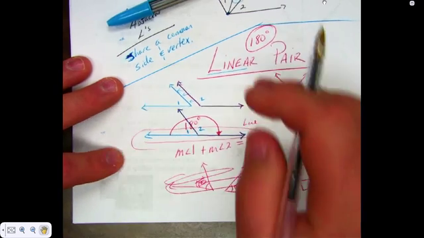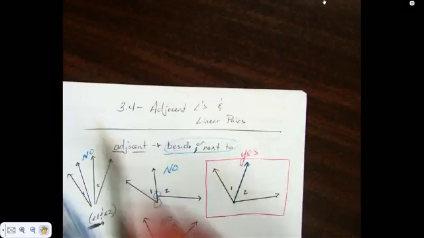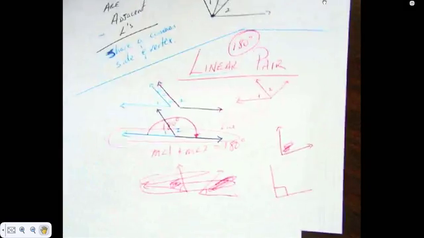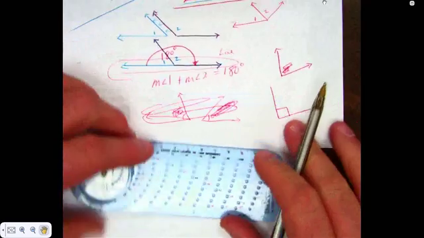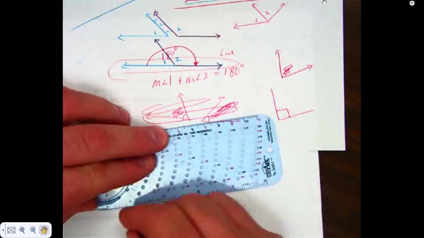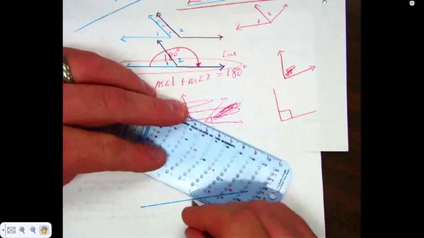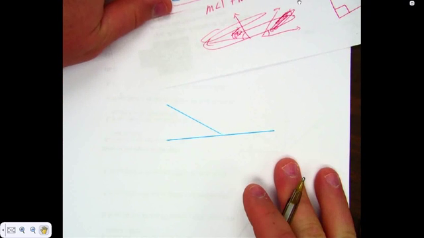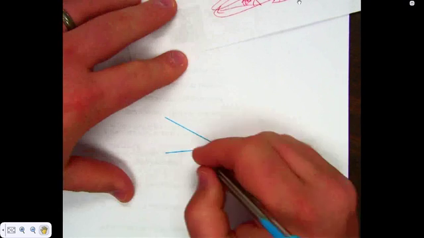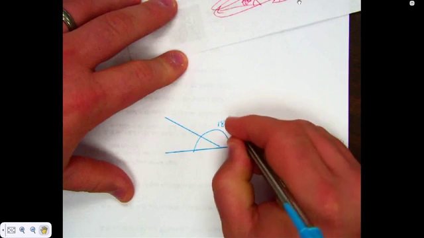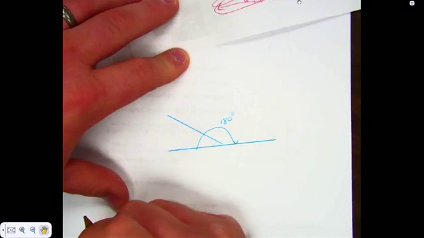However, what's great about linear pairs, and the point I'm getting to, is that any time, in any way, I have two angles that make a straight line, no matter how I draw it, what do you think those two angles add to? Why? Because together they made a what?